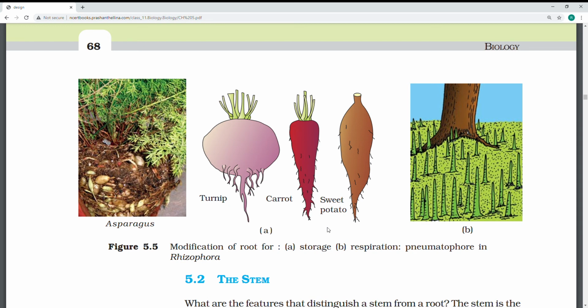The next one is pneumatophores. Those are for breathing. These roots come up, and they are always found in mangroves, like Avicennia and Rhizophora. They have these for respiration.